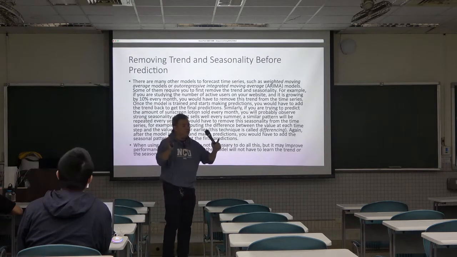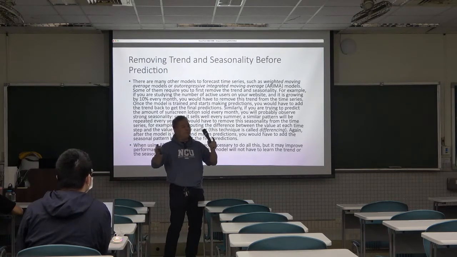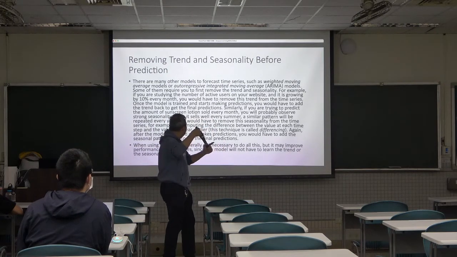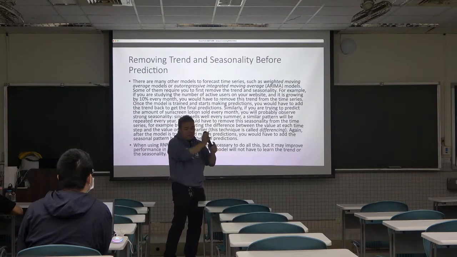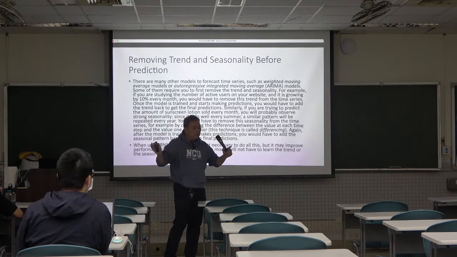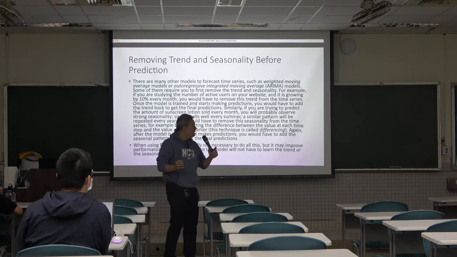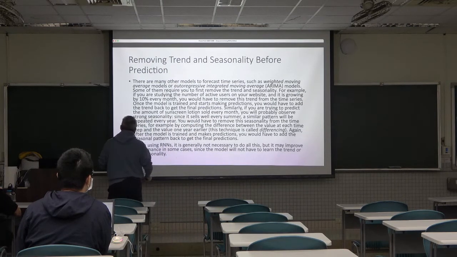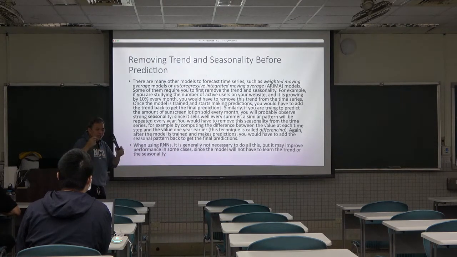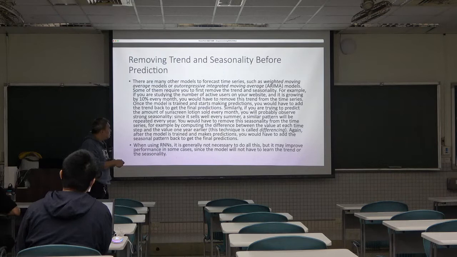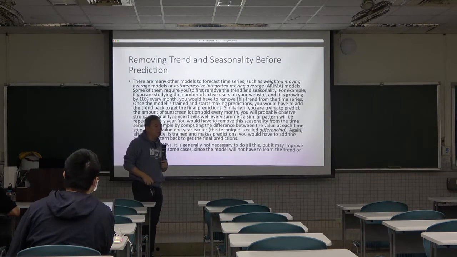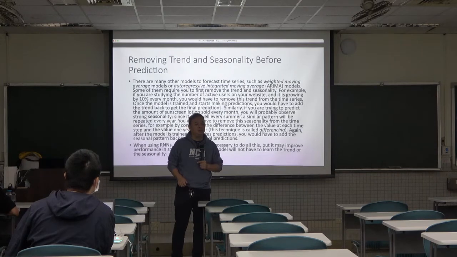For the training data, which comes from many previous months, you can remove that 10% extra active users from the whole training data set, and then use that to do the training. After you get the prediction, you can add the trend back to get the final prediction. This usually will make the prediction better.